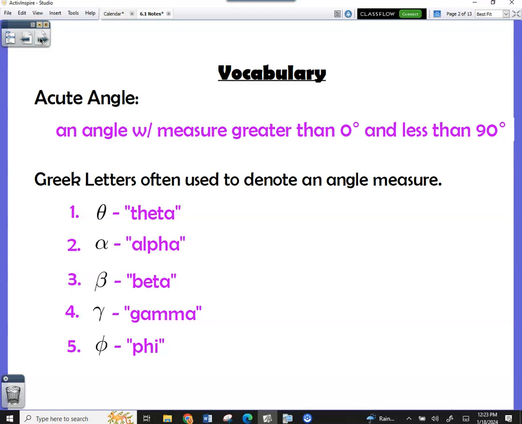And then there's some Greek letters of the alphabet that you need to be familiar with that you're going to see. One of them's from geometry, and that would be theta. You've seen theta in geometry. The others you may not have seen as often, but you will see them in this class. You got alpha, beta, gamma, and phi.